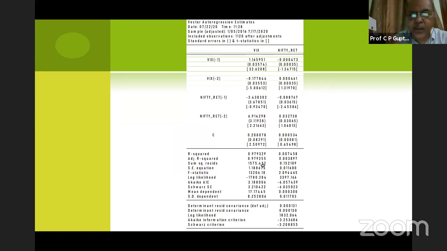Now, friends, you can see it here. VIX has a relation with its own lag, significant. And these bracketed figures are t values. Okay, look at this.